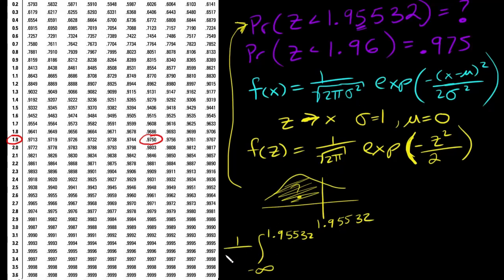Right, so I can pull out this constant, 1 over square root of 2 pi, because that doesn't involve z. And then I'd have e to the power of negative z squared divided by 2 dz. Okay, so now, you know calculus. So now just solve this. Okay, this is what you need to solve.